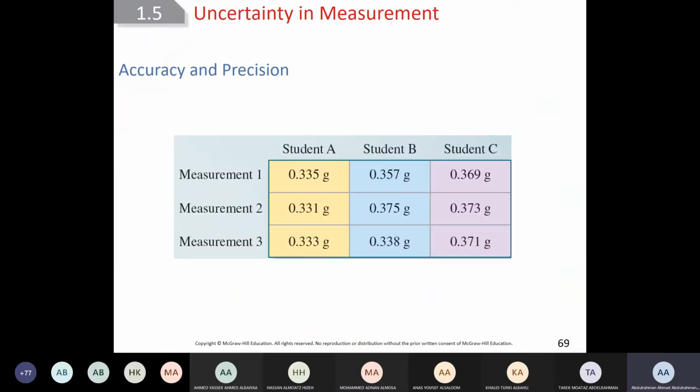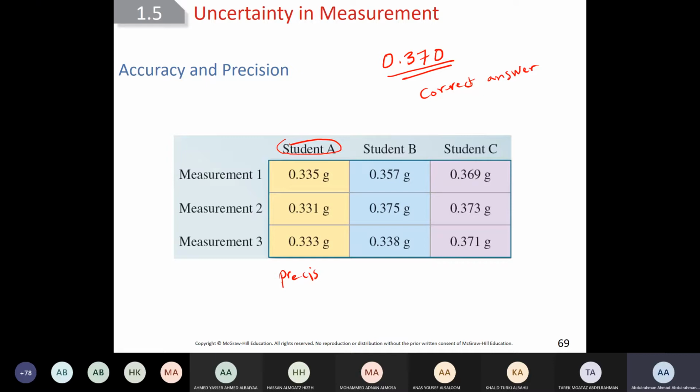Okay, let's have this example. If 0.370 is the correct answer, then is student A accurate or precise or none of them?